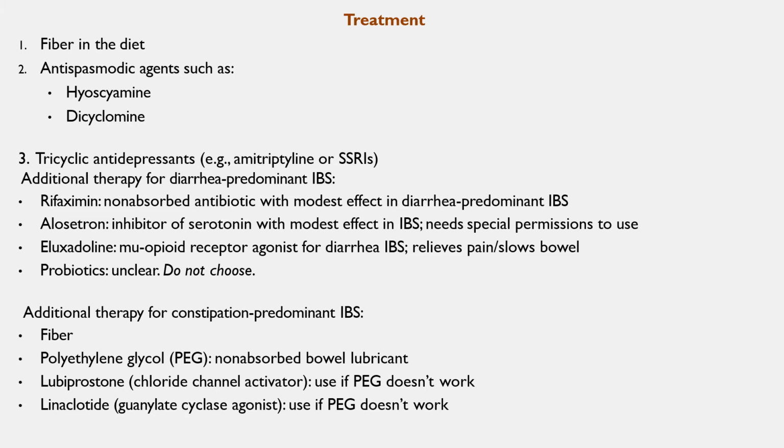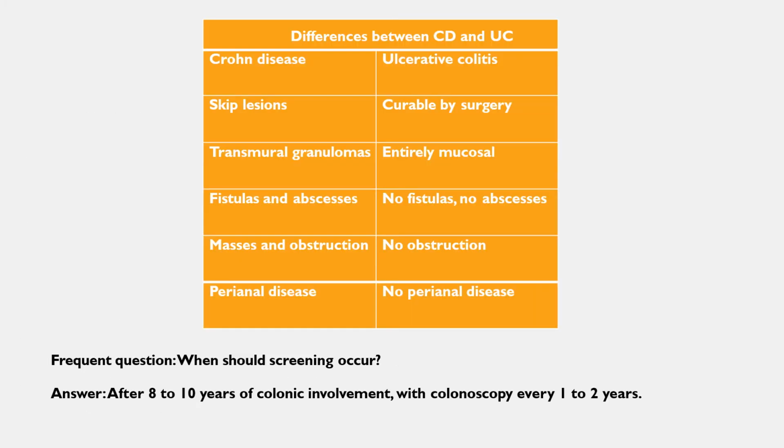Let's go to the next slide. Next slide is a review. There is a review table of the differences between CD, or Crohn's disease, and UC, which is ulcerative colitis. Let's start with CD. In CD we usually have skip lesions, number 1.